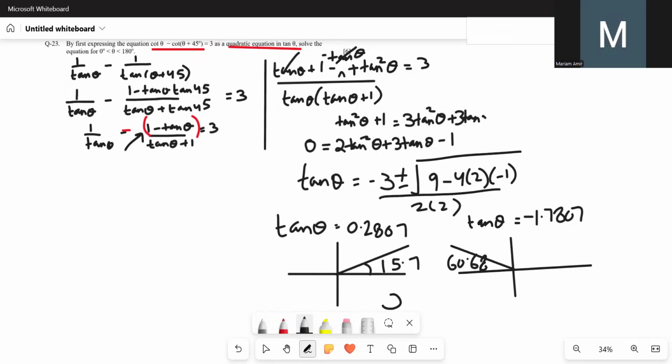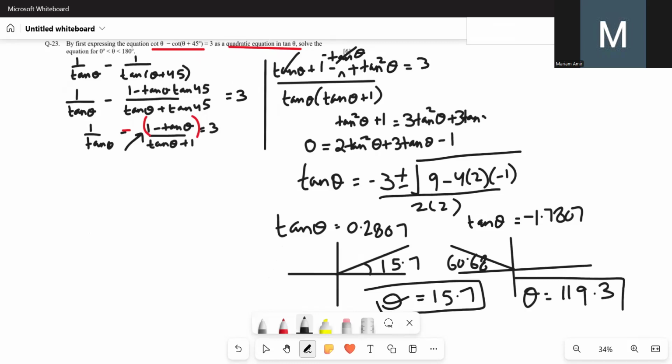So one of the values of theta is just 15.7 and the other value would be 180 minus 60.68, which would be 119.3 after rounding. These two are the final answers.